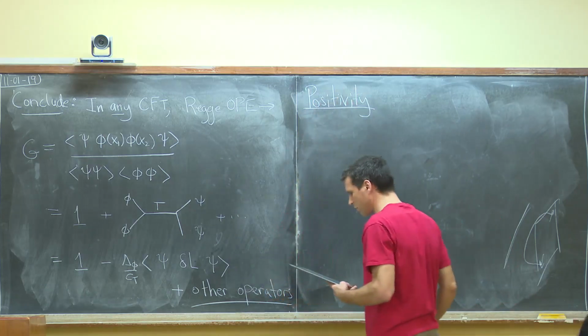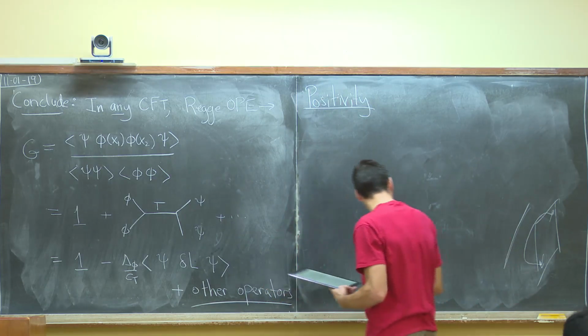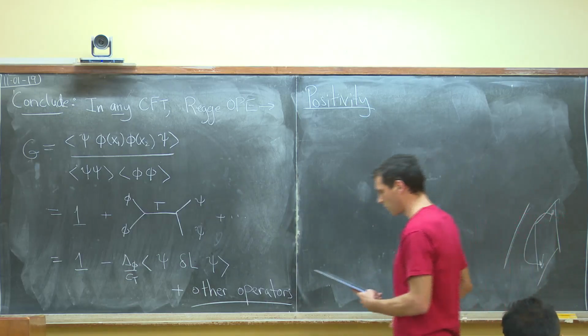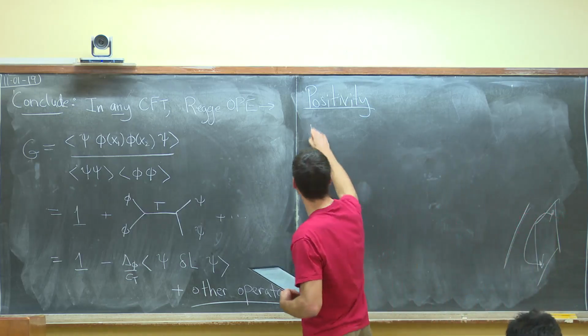So I'm going to be brief about positivity because it would take me a while to get it right, and I know you've already seen this from Sendepen. So let me just state the answer.